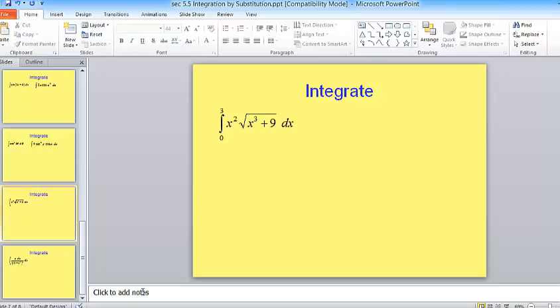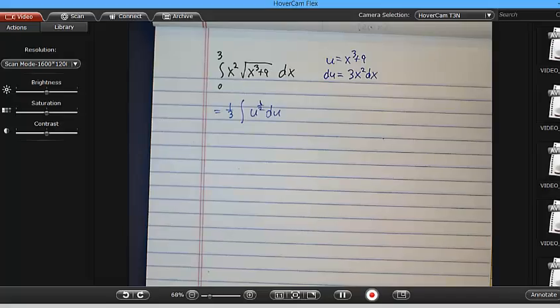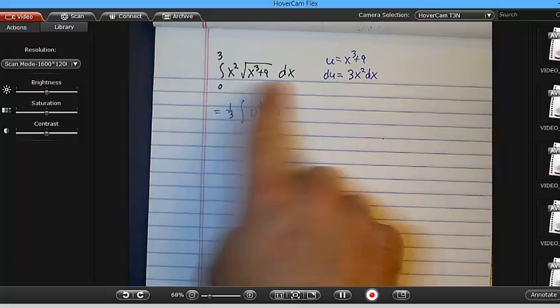There's something I didn't write down here. And I want to warn you that if you write down 0 and 3, you're liable to get into trouble. Because 0 and 3 are what kind of values? Oh, you can't see. You're like, huh? 0 and 3 are what kind of values? x values.